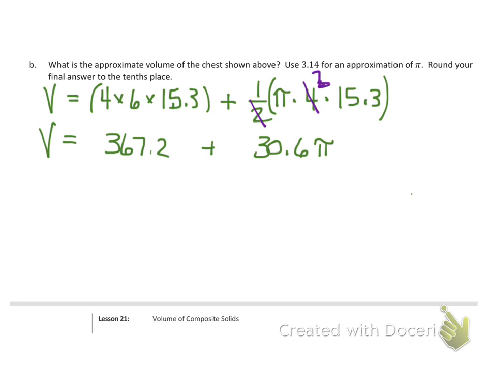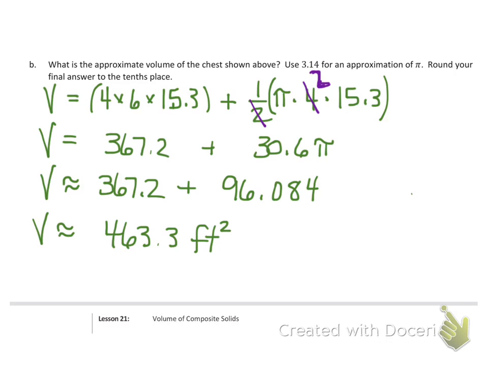And 2 times 15.3 is 30.6 pi. Now we need to put in our approximation for pi. That leads us to this, that the volume is approximately 367.2 plus 96.084. And finally, our approximate answer rounded off to the nearest tenth would be 463.3. Oh, not square feet. That would be cubic feet.